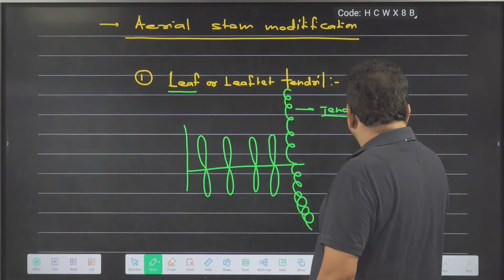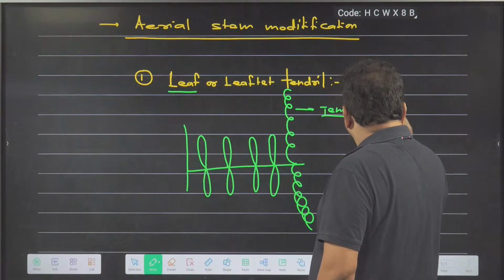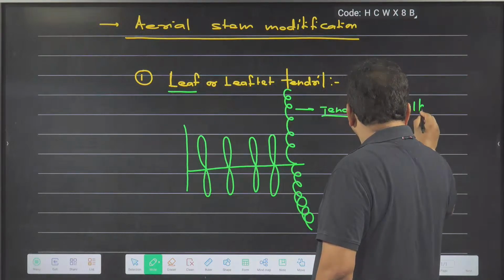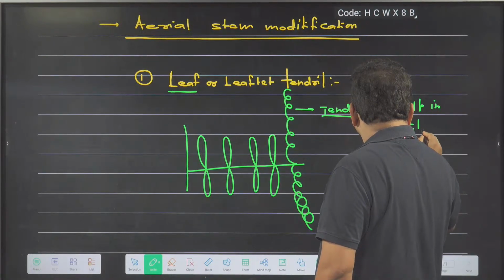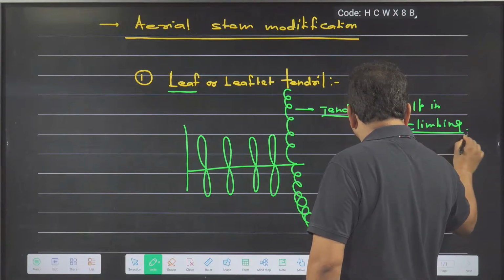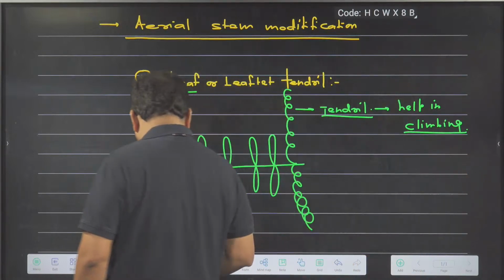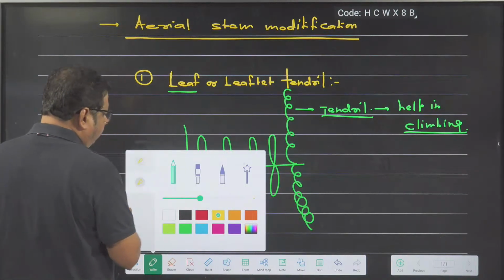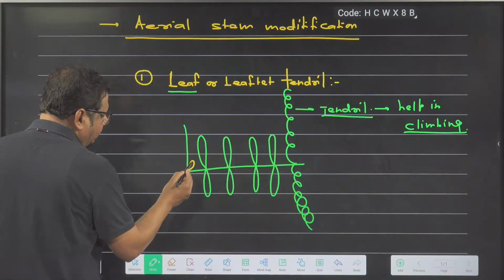And these tendrils help in climbing. Got the idea? Help in climbing. And here in the axil, it is what? Axillary bud.